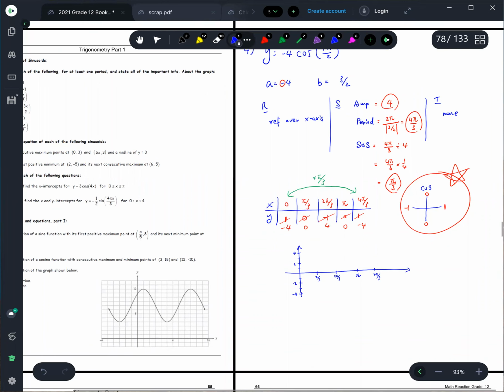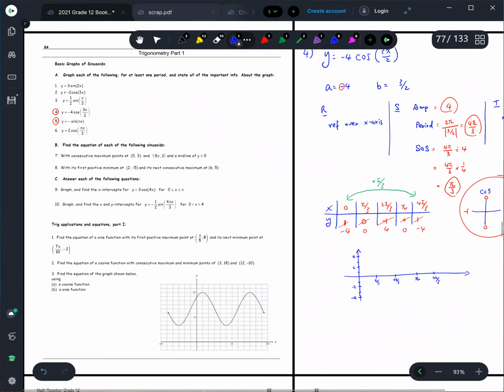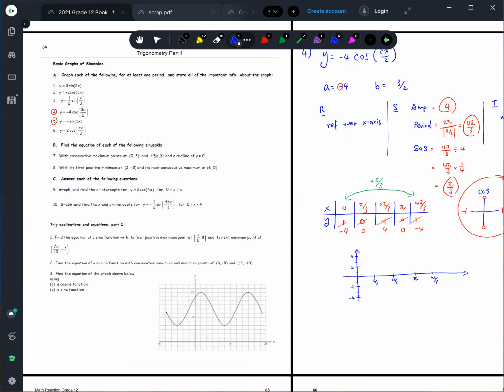We'll look at one more. Then we'll start today's lesson. Okay, so number 5 is y equals negative sine pi x.